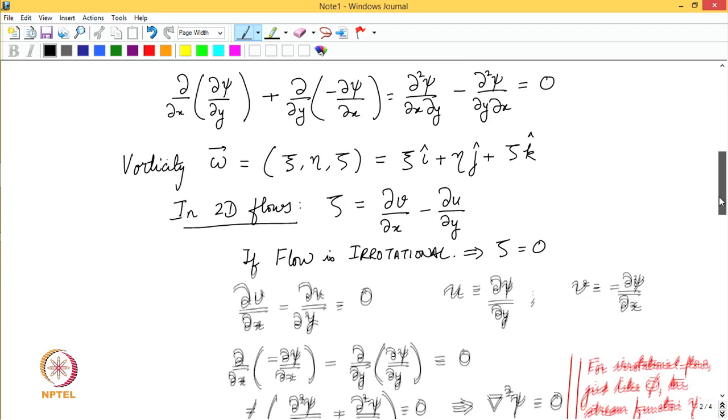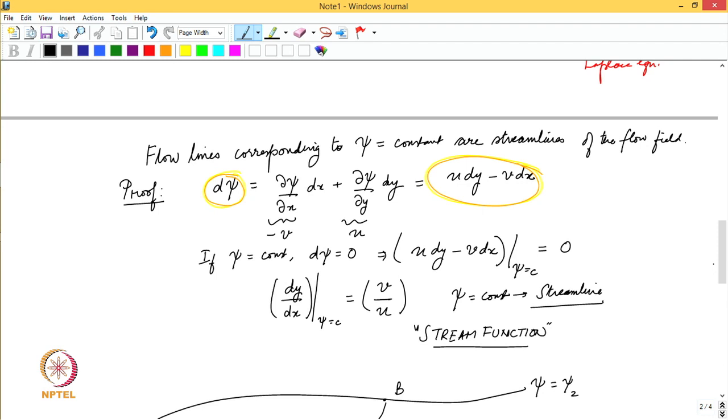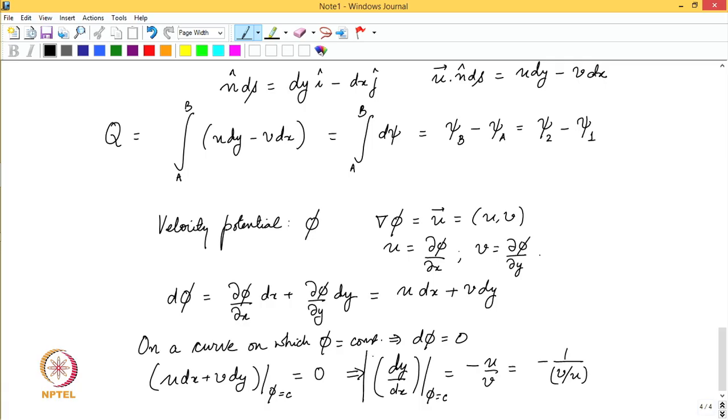So, together with what we have done here, which is to prove that the slope of the streamline is given as the ratio of the y component of velocity to the x component of velocity, we now see that for a potential flow problem, a curve on which phi is constant, the slope is given by the negative of the x component of velocity versus the y component of velocity.